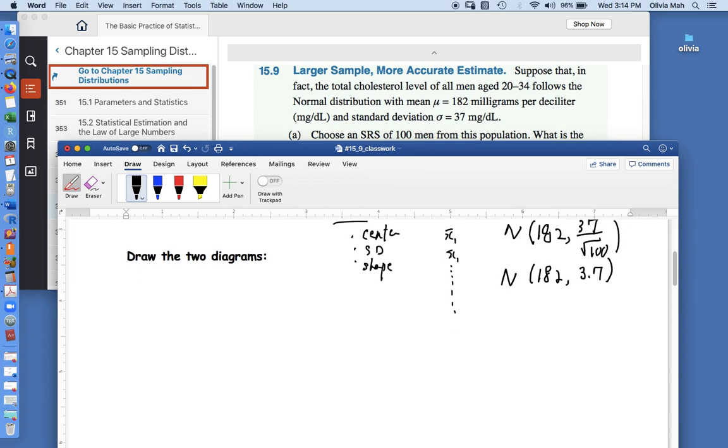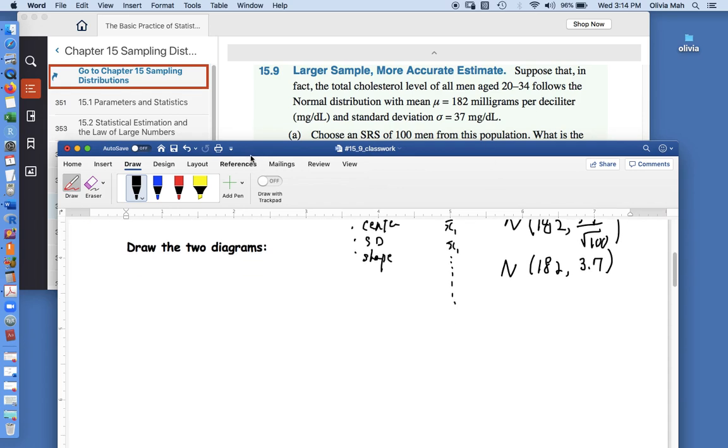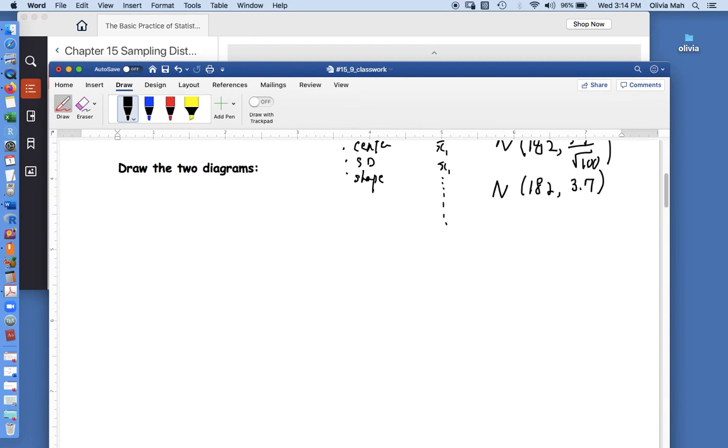Now next, I would like you to draw two diagrams to make sure that we really understand these concepts. This is X normally distributed, mu is 182, sigma is 37.